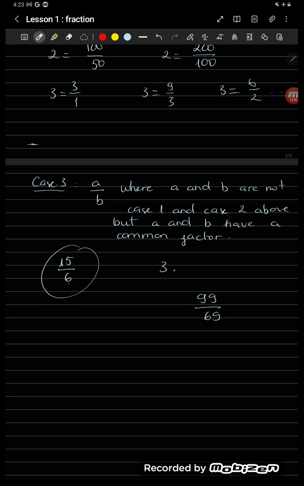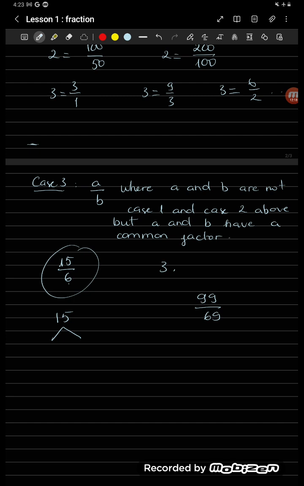So if you still remember how to write a number as a product of prime numbers. Okay, so we have 15. We use the tree method. Can 15 divide by 2? No, of course not. Because 2 is a prime number, I just want to start with 2.